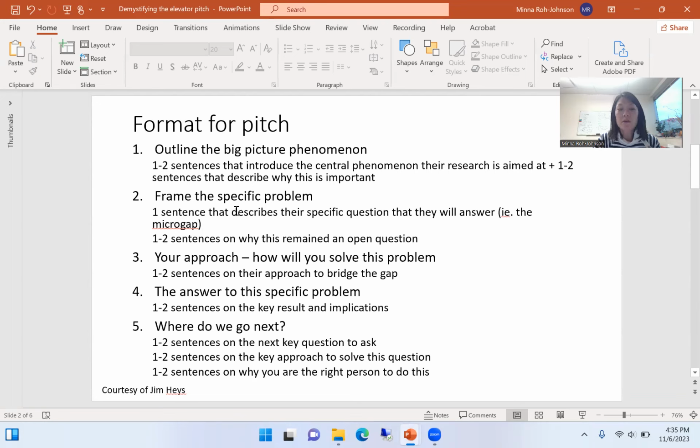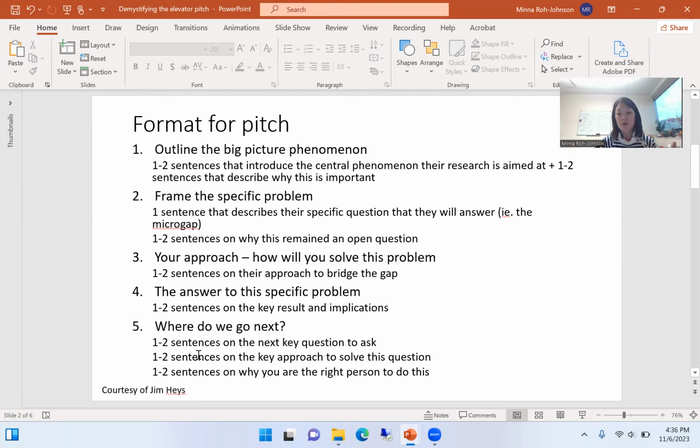This specific problem or micro gap is then followed up by your approach. What system or set of approaches are you going to use to help solve this problem or resolve this micro gap? Then a couple sentences on, now that you've used this approach, what's the answer to the specific problem or question that you first generated in step 2?